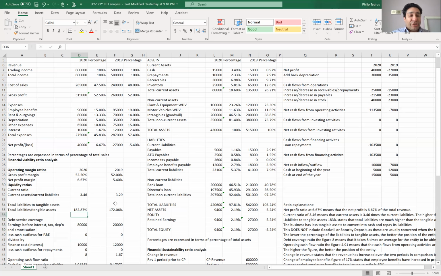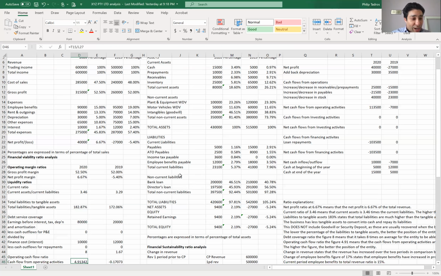Because it basically states that somehow, if the business were to sell today, would it be easy to pay off all of your total liabilities? That's a question.